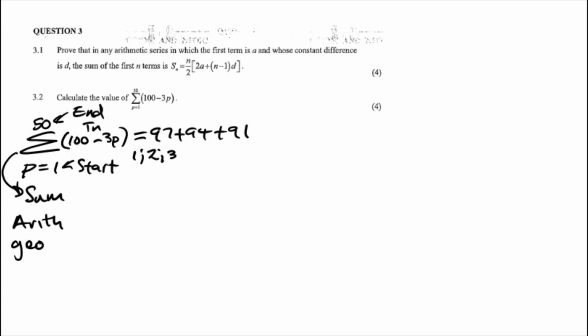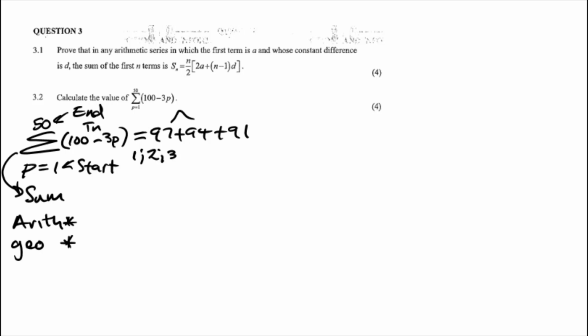So every time you see sigma notation, just substitute until you get 3 terms, so that you can differentiate whether it is arithmetic or geometric. So I've substituted 1, and then I've substituted 2, and I got 94. When I substituted 3, I got 91.